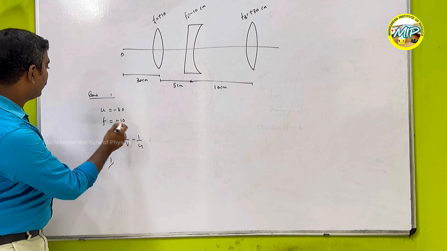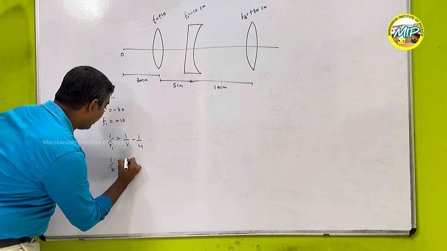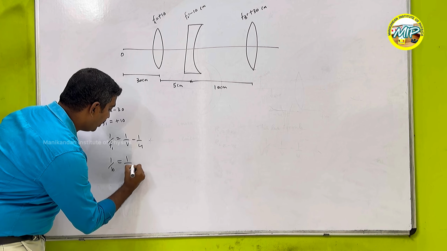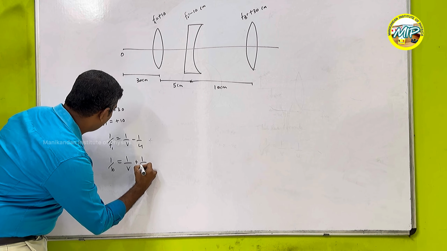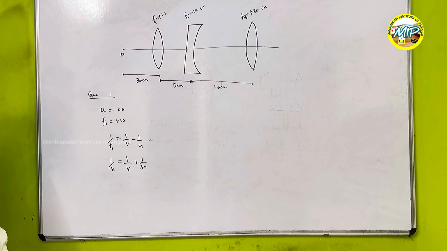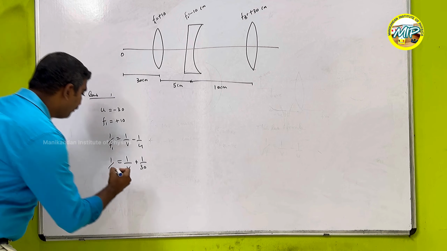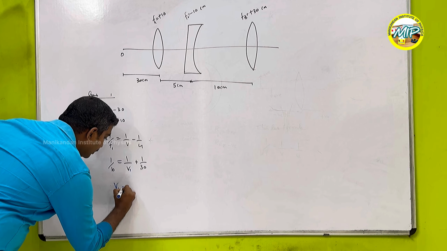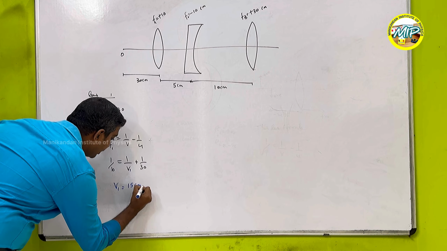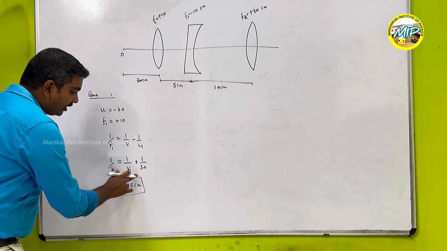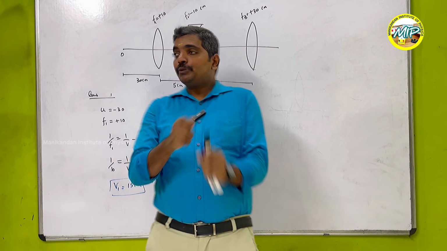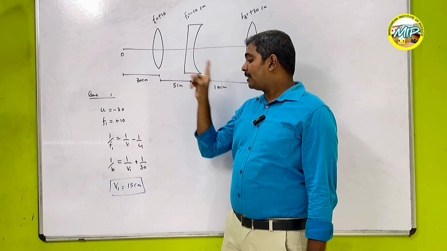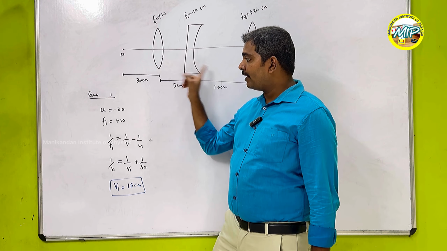We already know f1 is 10. So 1 by 10 equals 1 by v plus 1 by 30, because minus into minus is plus. If I simplify this equation, I get v1 equals 15 centimeter. So the image produced by this first lens is formed 15 centimeter from this lens.